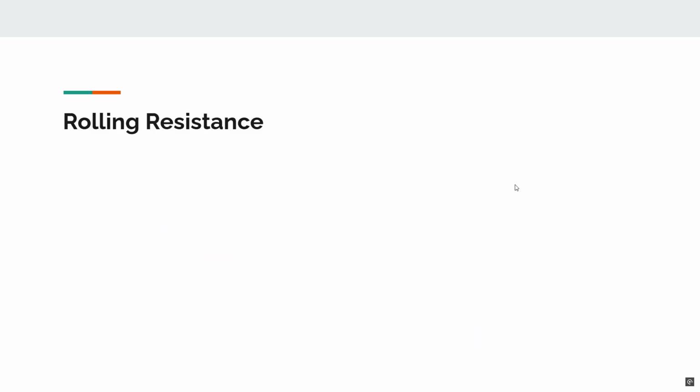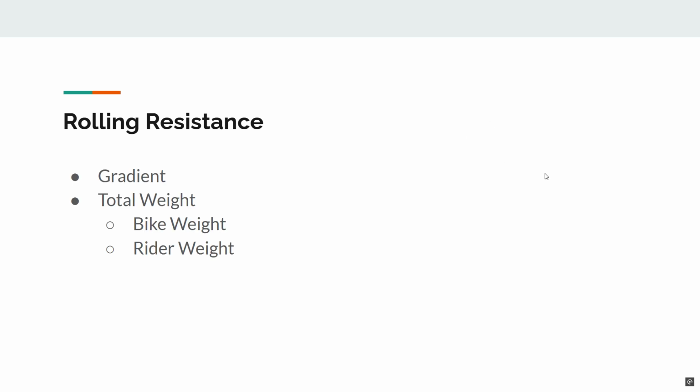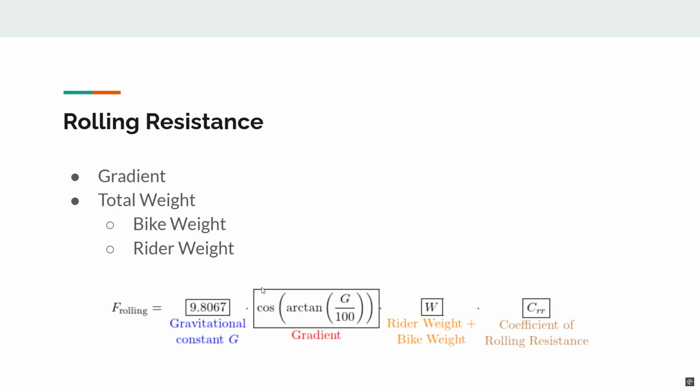Now we move to the second big force that in this case always works against us. It is not helping us, and this is rolling resistance, and it is also influenced by gradient and total weight. The formula is similar to what we've seen before, so we have this gravitational constant G again.